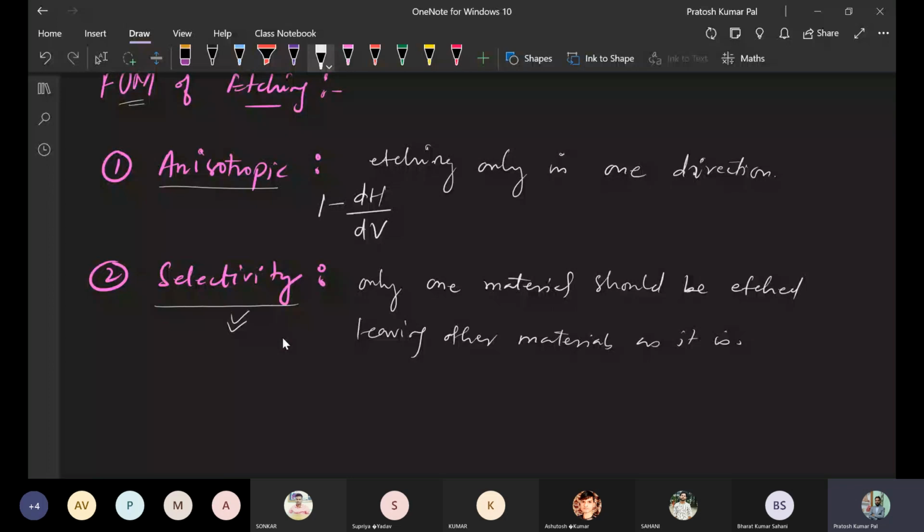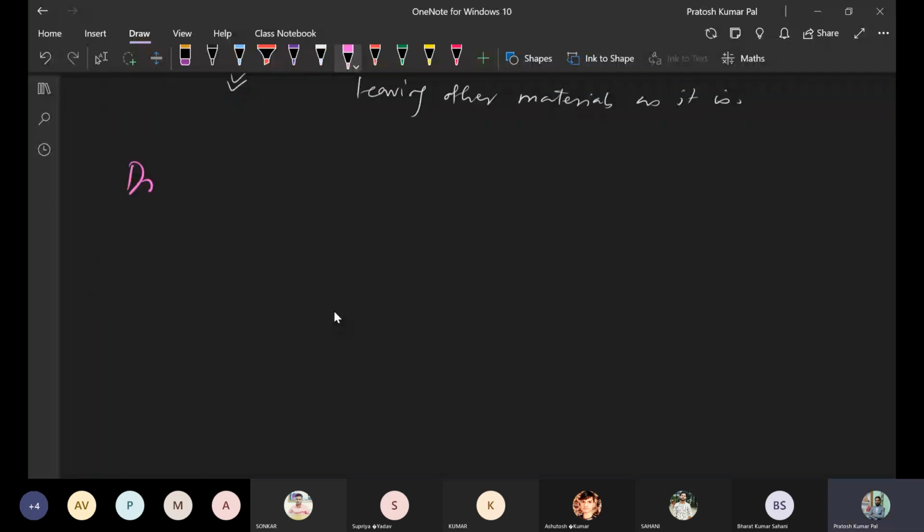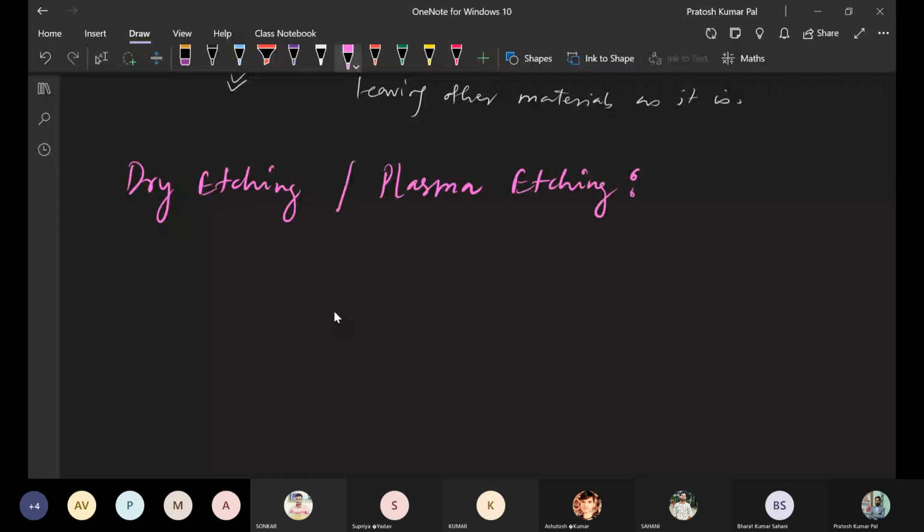The next type of etching that we will be dealing with is dry etching. This dry etching is also called plasma etching. Okay. So what are the advantages of dry etching?